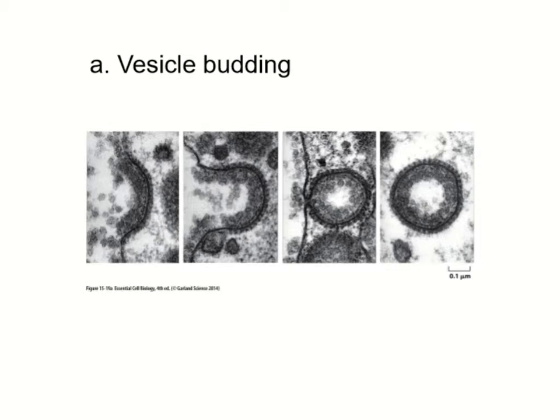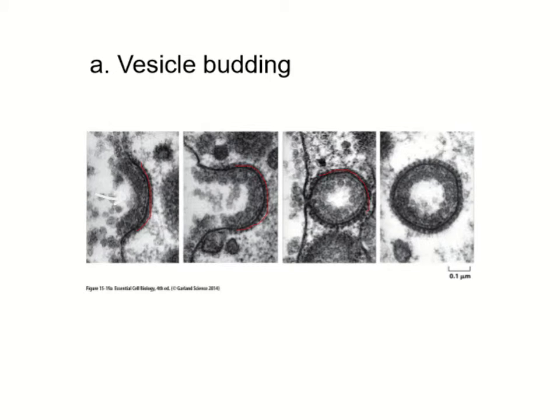So here's a vesicle beginning to bud, and around the edge of the budding vesicle you can see a thick line of some type of molecule, and these are those clathrin molecules.